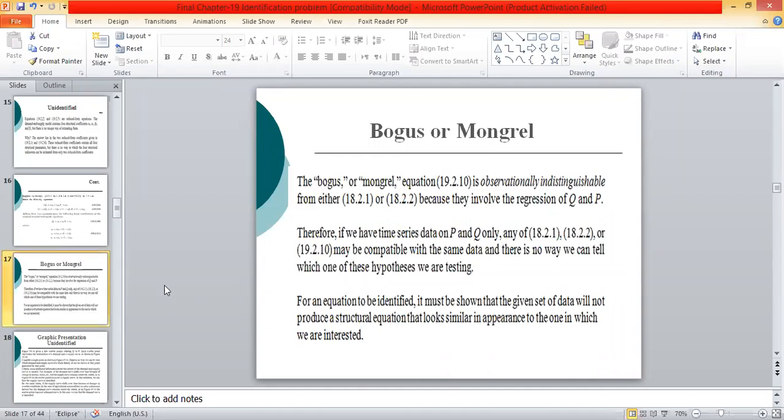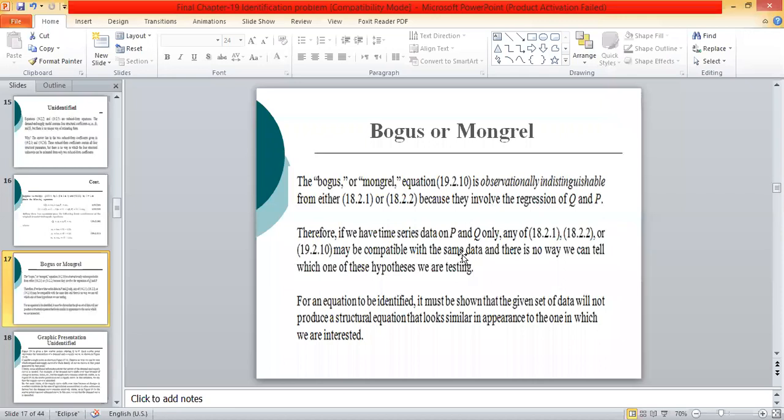So if we have time series data on price and quantity only, all the three equations, the demand equation, the supply equation, and the bogus equation, may be compatible with the same data set.